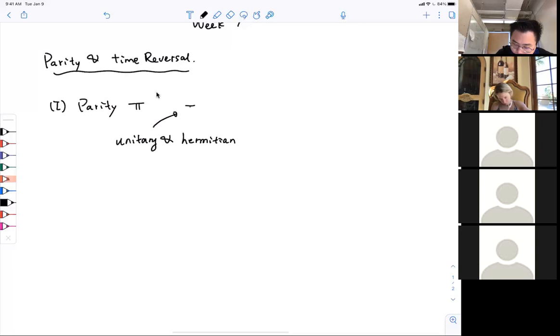Unitary means pi dagger pi equals pi pi dagger equals 1. Hermitian means pi equals pi dagger. Together you can write it in this form.